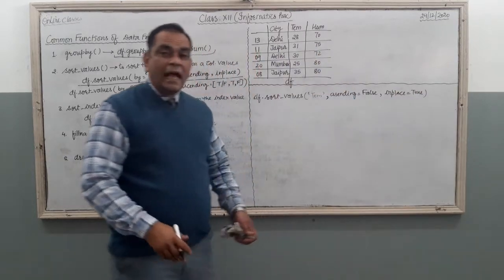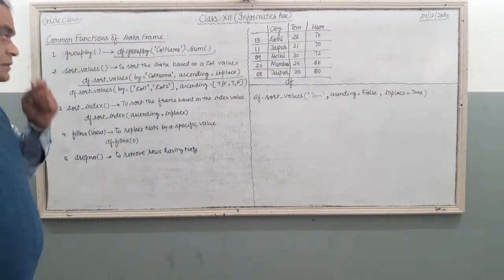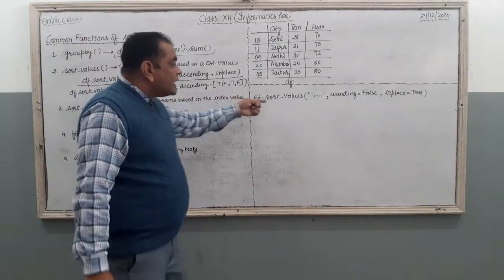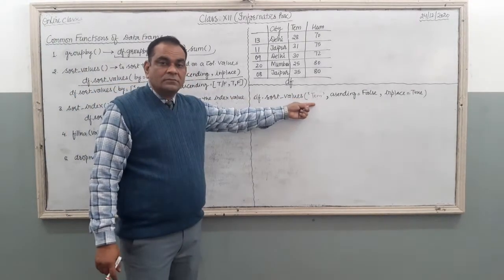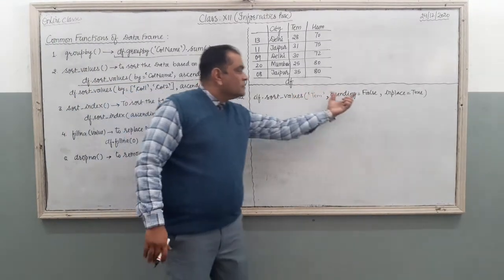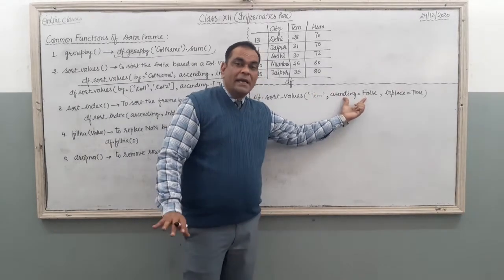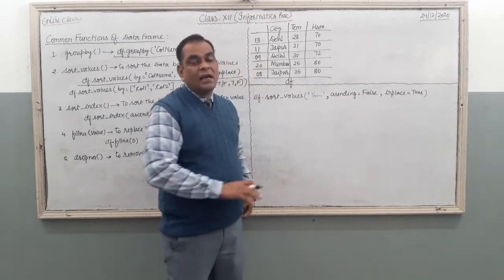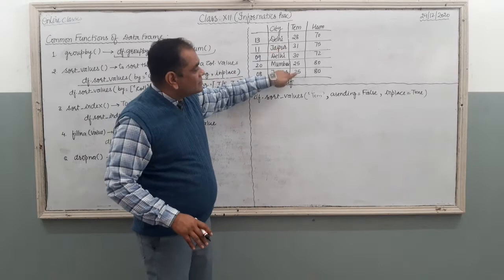Now what will happen? Here the sorting is based on the temperature column, right? By default, if you skip the ascending part, it means the computer sets the data frame according to the ascending level.